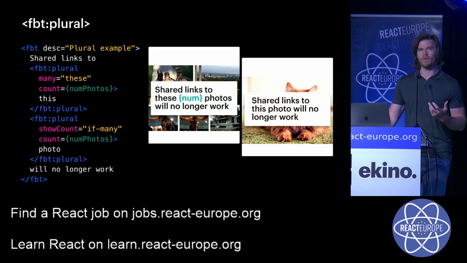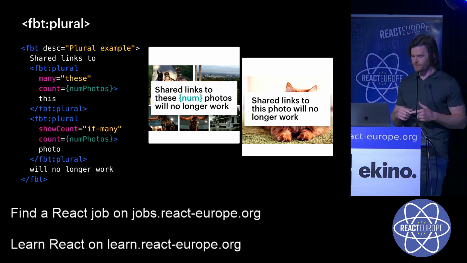So let's look at more complicated examples with FBT Plural before we move on. Here we're using 2 instances of FBT Plural to create cohesive text while maintaining grammatical correctness. We're constructing 2 sentences total using 2 FBT plurals referencing the same variable. So we have "shared links like these 10 photos will no longer work", and "shared links like this photo will no longer work".